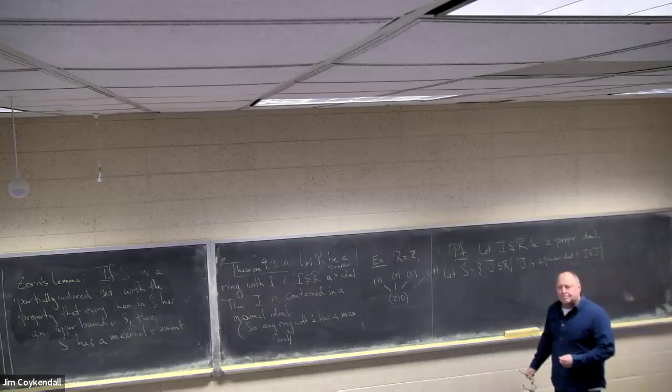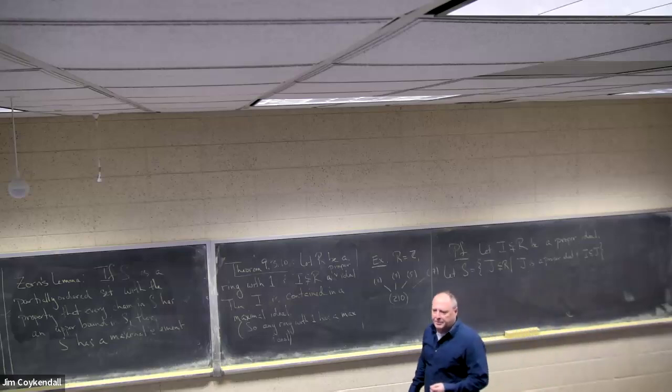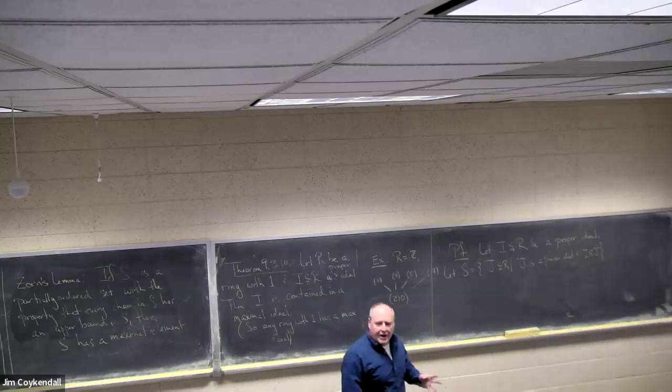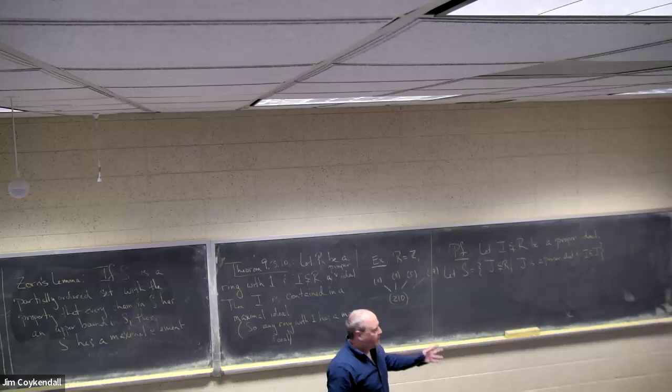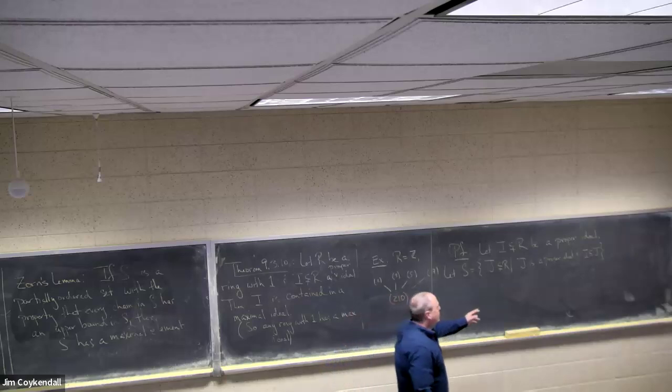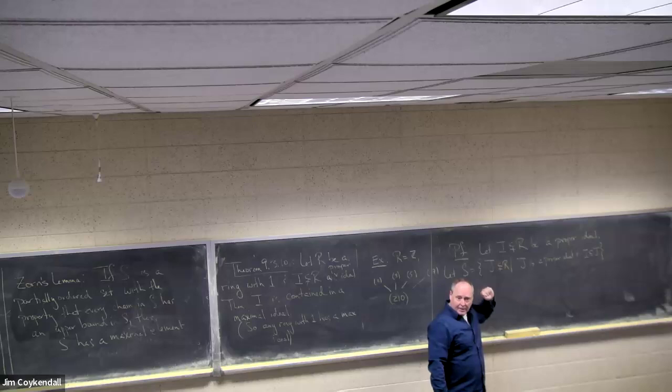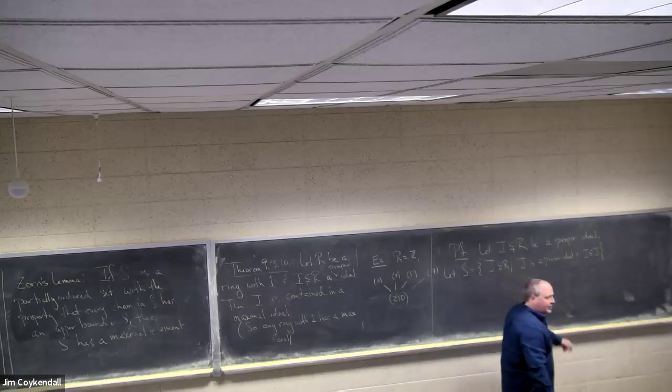Okay, here's my set. I want my set S, my partially ordered set, to be the set of every ideal that contains I but is still proper in R. So this is a collection of every ideal that contains I and is still a proper ideal.